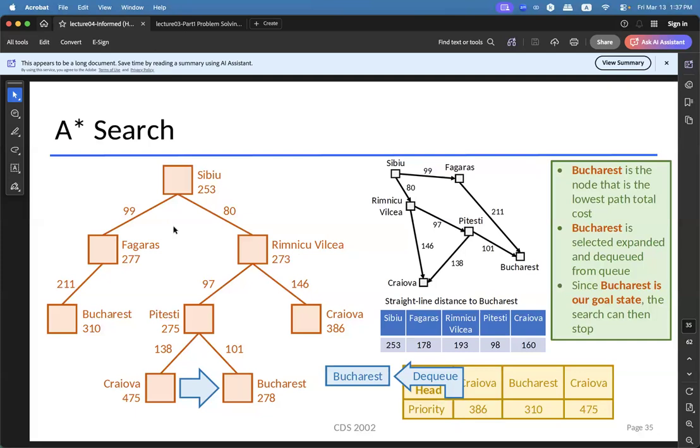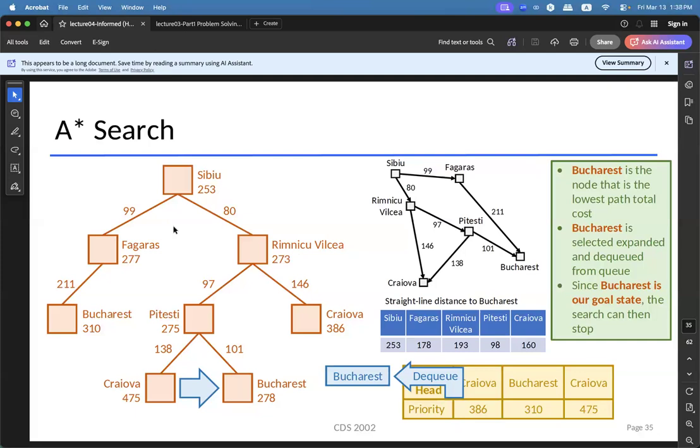Even if you don't understand A-star search, you only need to memorize two rules. For every node in the terminal nodes, to get the path cost, you count from the initial state, from the root node to that node, get all the step values and add them together.